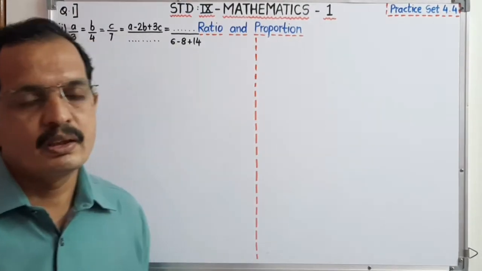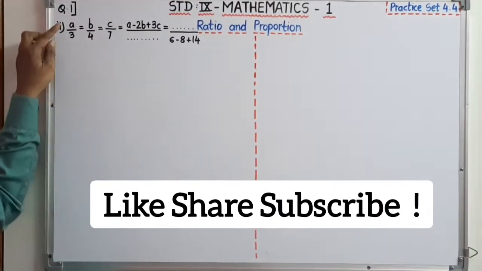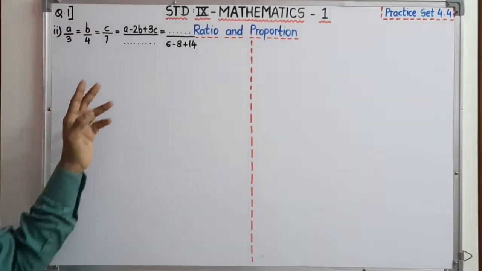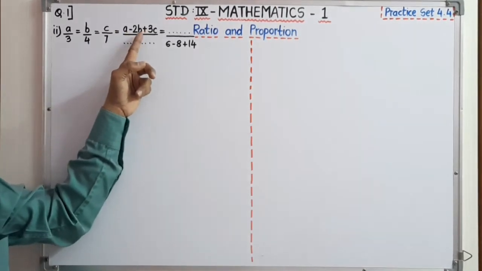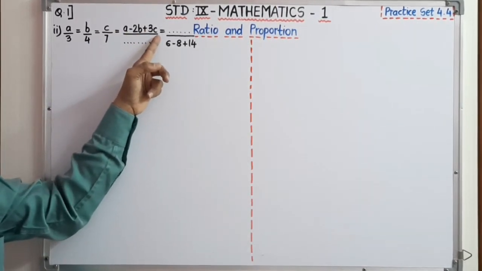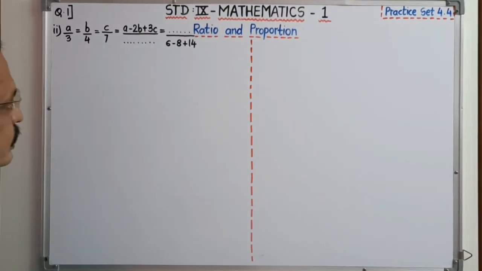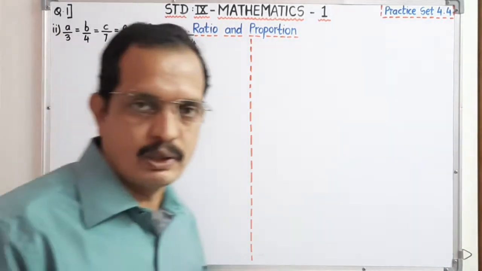Dear student, now we have to continue the second one. See dear students, a upon 3 equal to b upon 4 equal to c upon 7 is equal to a minus 2b plus 3c upon, it is equal to 6 minus 8 plus 14. Now dear students, see, in the previous sum 2 ratios were equal.